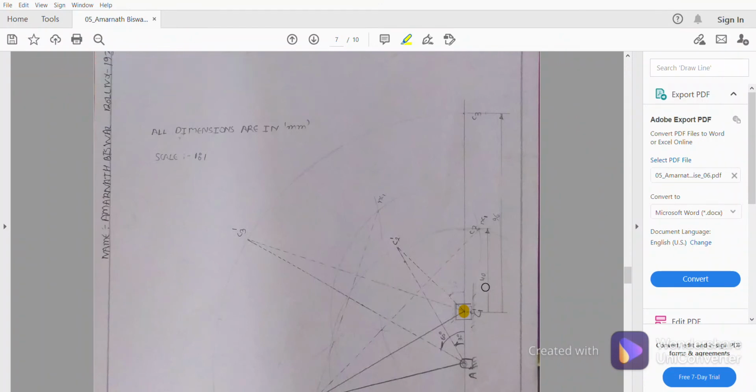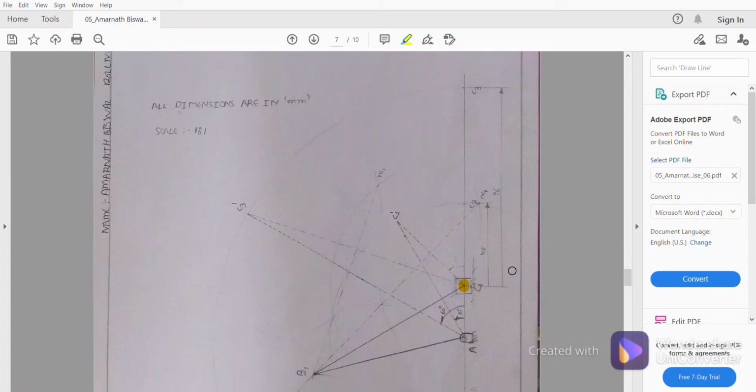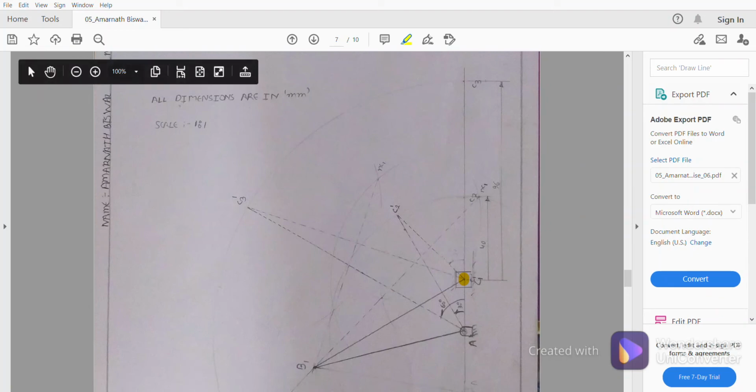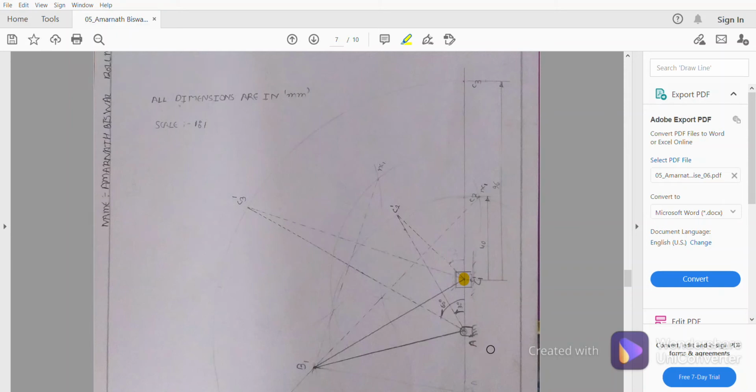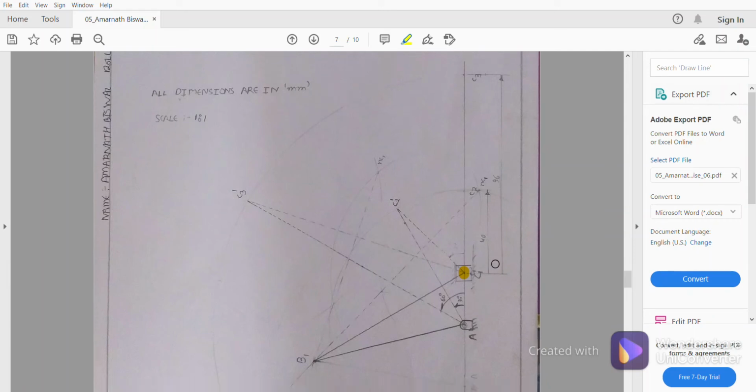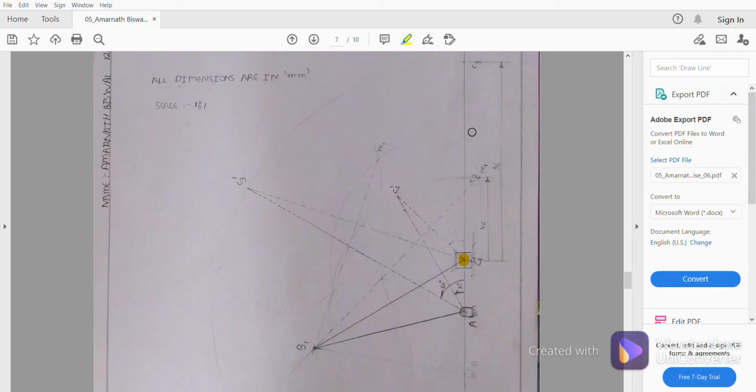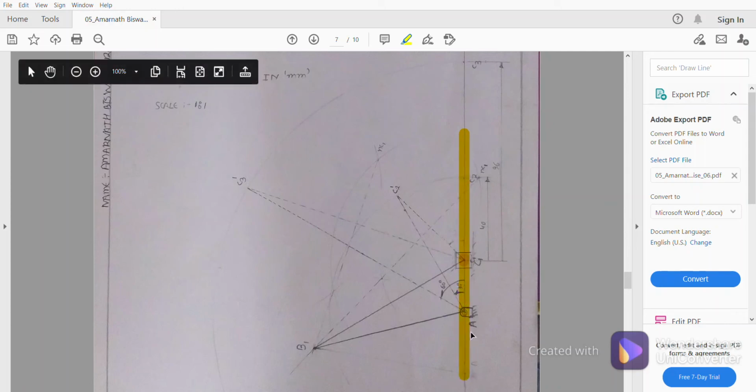Here it is horizontal. Sometimes an eccentricity angle will be given, like A and C1 will not be in the same plane. So what do we do in that case? Always remember, in our question, A and C are in a straight line, they are collinear.